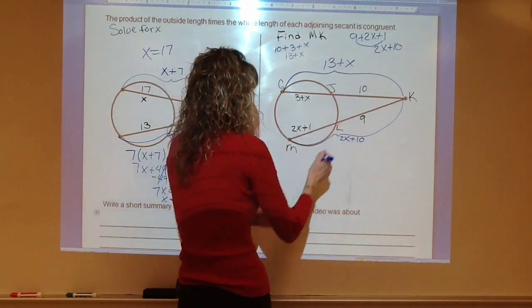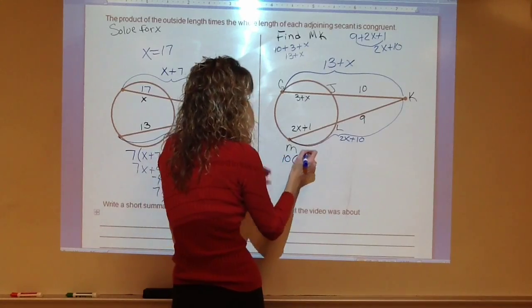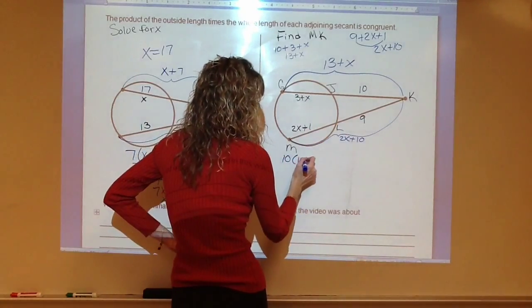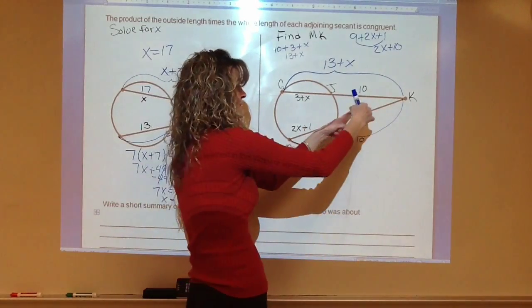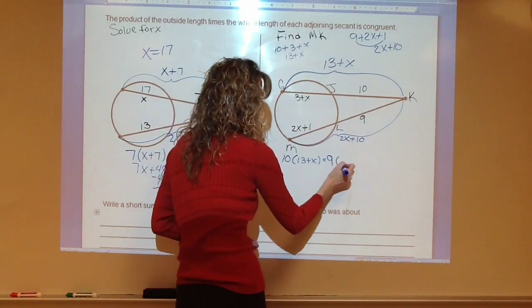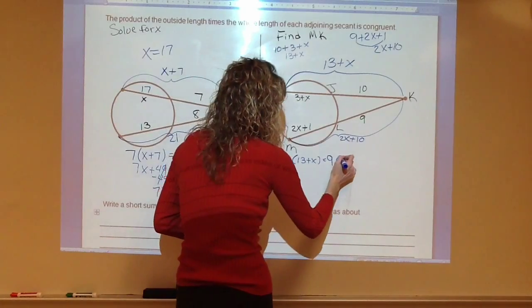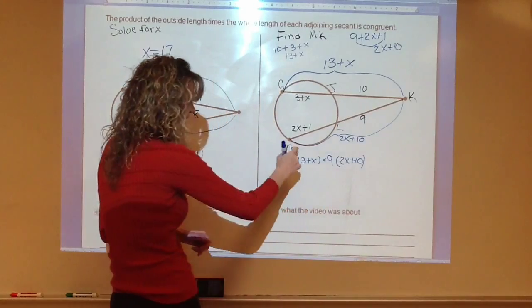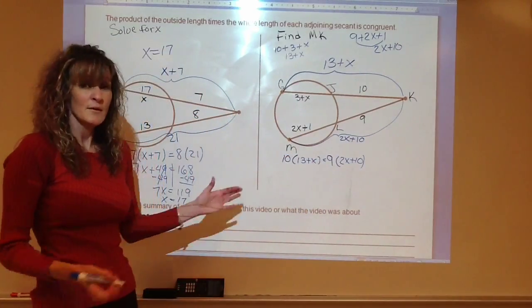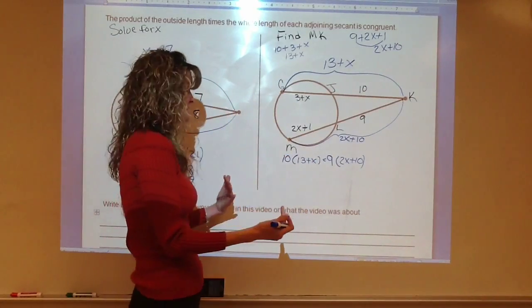So I'm going to go outside 10 times the whole thing, which is 13 plus x, equals outside, which is 9, times the whole thing, which is 2x plus 10. You're going to have to distribute, and then we're going to have x's on both sides.